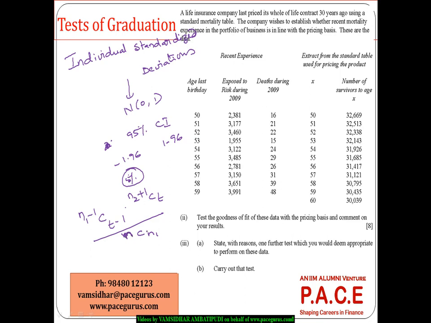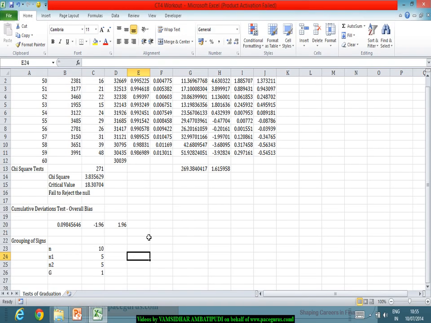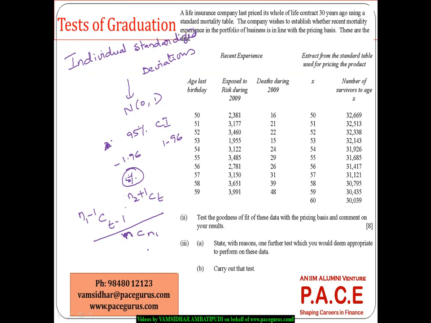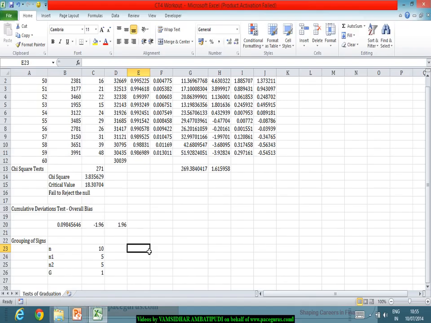So if I am having only one group, I can find out n1 minus 1 C t minus 1. Here n1 minus 1 is 4, and n1 minus 1 C t minus 1, with only one group, is C 0. I am multiplying this with n2 plus 1 C t.